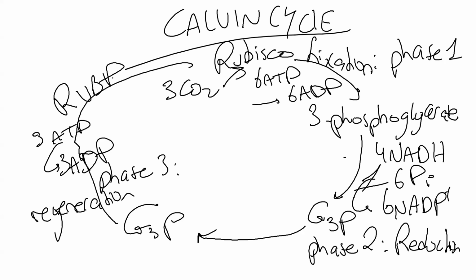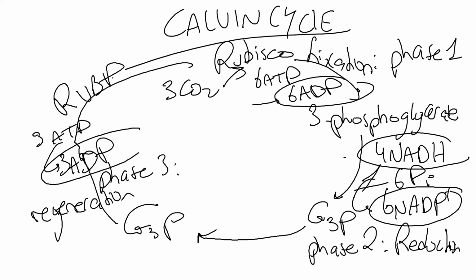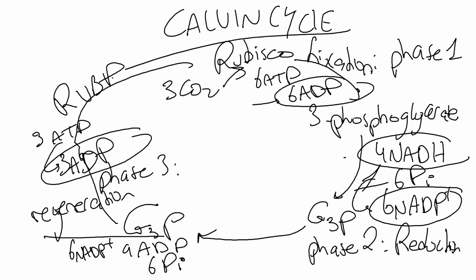So the results of the Calvin cycle: 6 NADP plus here, and how many ADP? 6 ADP here, 3 ADP here, so 9 ADP, 6 inorganic phosphate, 6 NADP plus, and yeah, that's all. This is the product of the Calvin cycle.